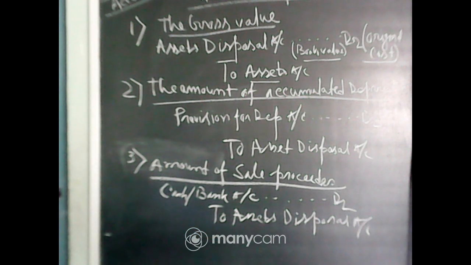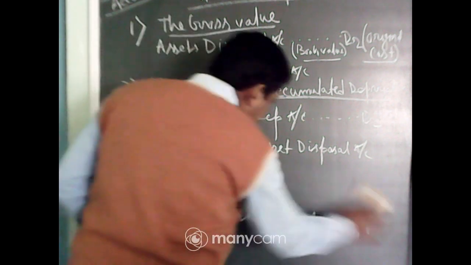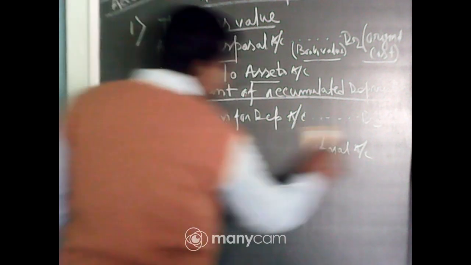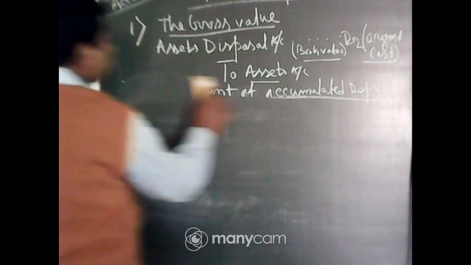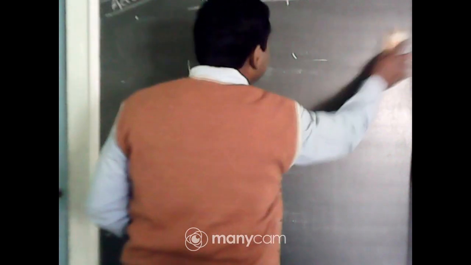Now if there is any loss or profit, then what entry you have to make? In case of loss after selling, what entry you have to pass?